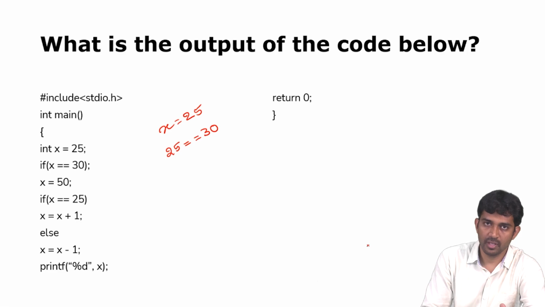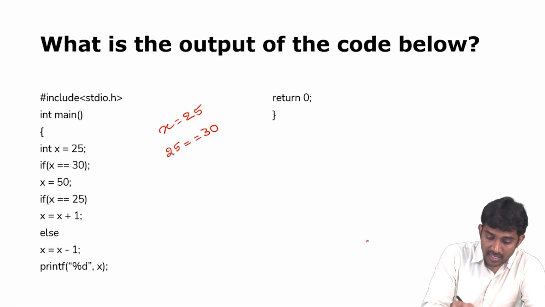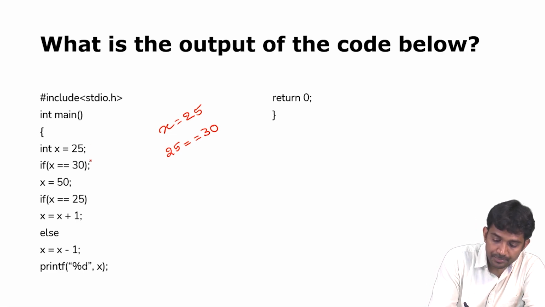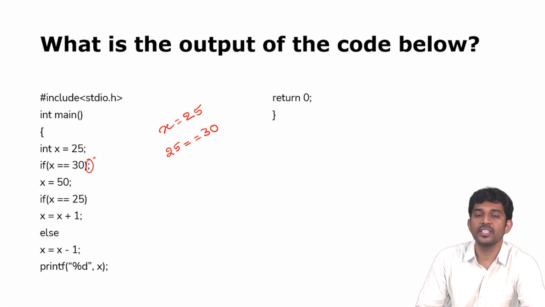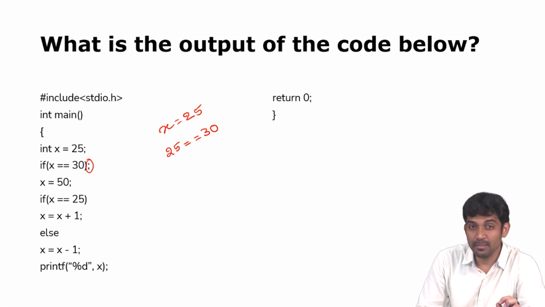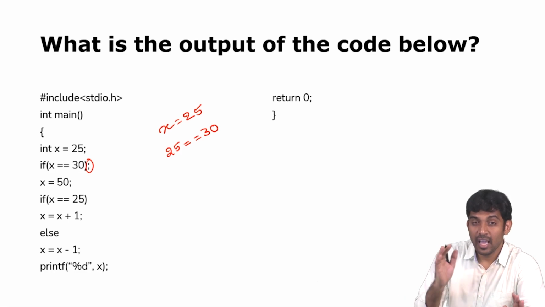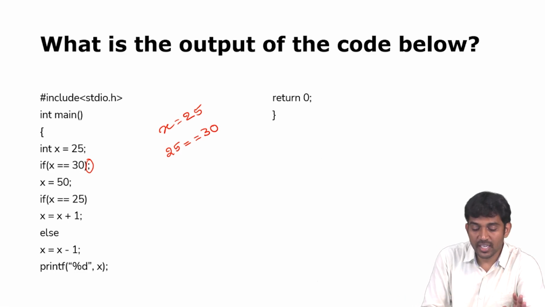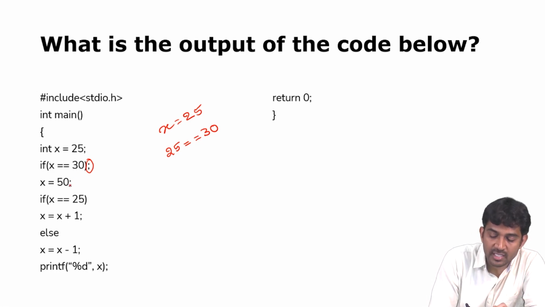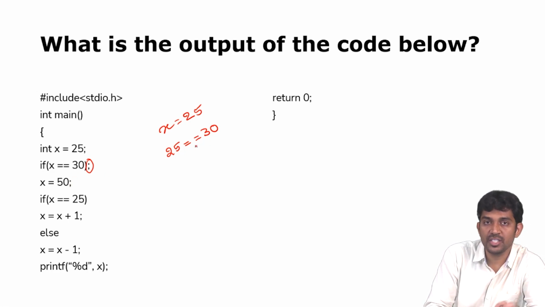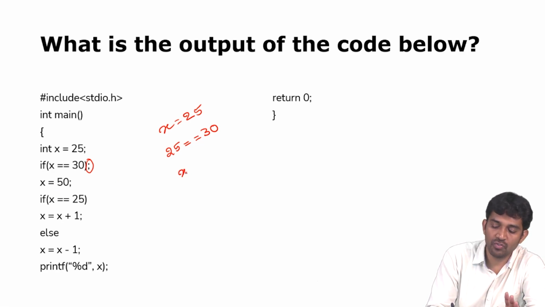False, right? See, if you observe here, a semicolon is there, right? When the semicolon is there, the effect of the if is terminated immediately, means there is no effect on this. Even if the condition is false or true, no need to worry. So directly the x value goes to 50.